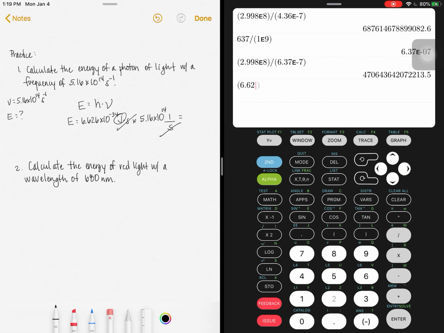All right, so here we go. 6.626 second EE -34. This time we're multiplying times 5.16 second EE to the 14th. Oh, and they gave it to me in scientific notation. How nice.